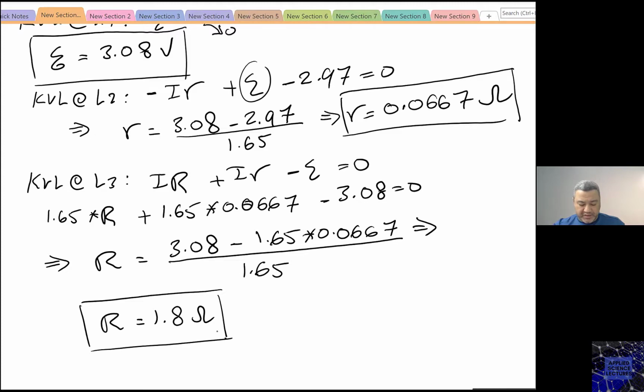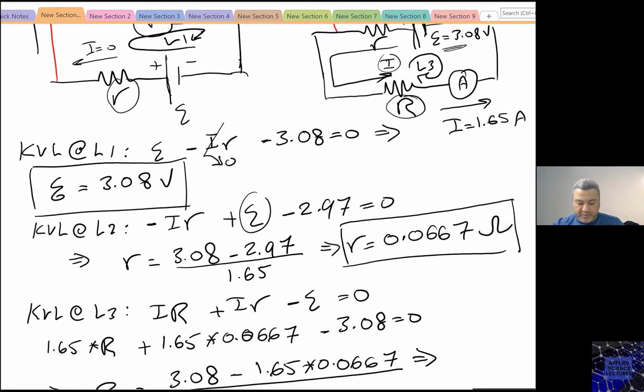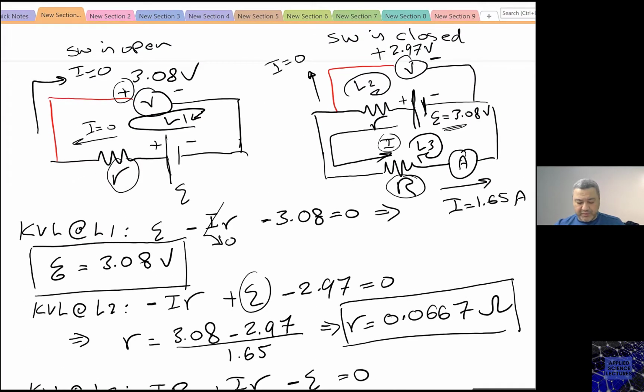Okay, so this is how we solve such a circuit.